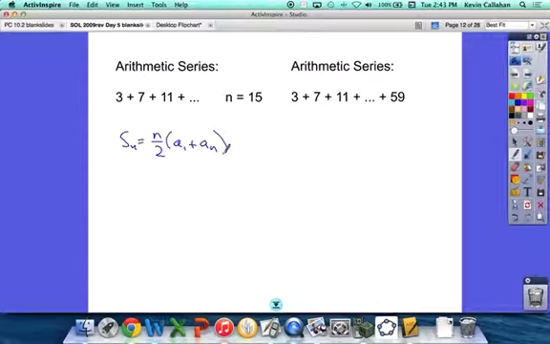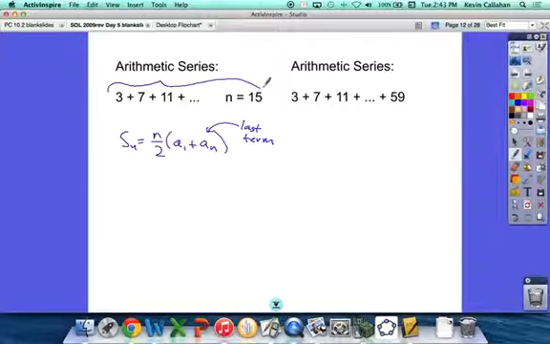What does the a1 represent? It's the first term. We know that. The n is the number of terms. What does the an represent? It's the last term, right? Well, if you're looking at this on the left, you don't know what the last term is. So how would you know what to plug in for A sub n?